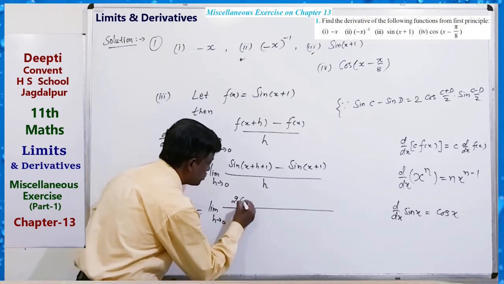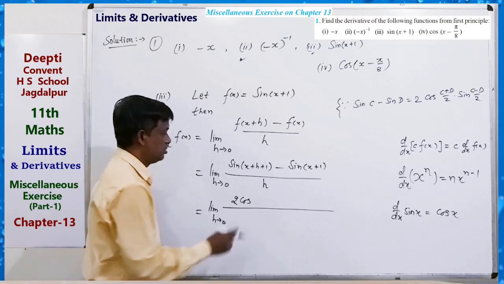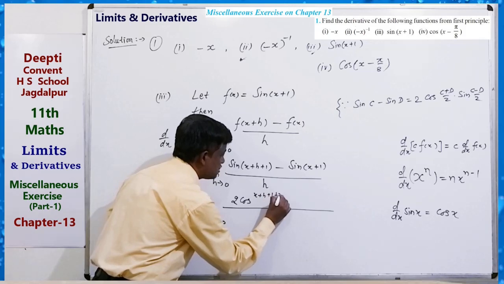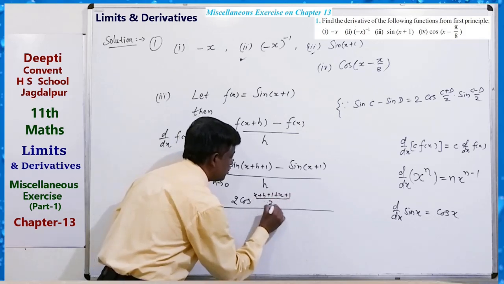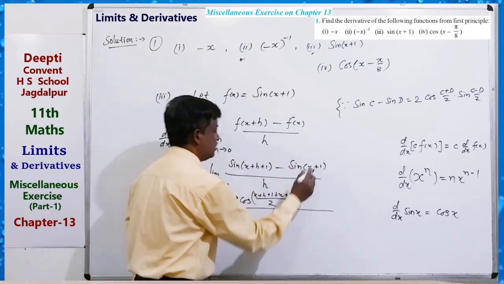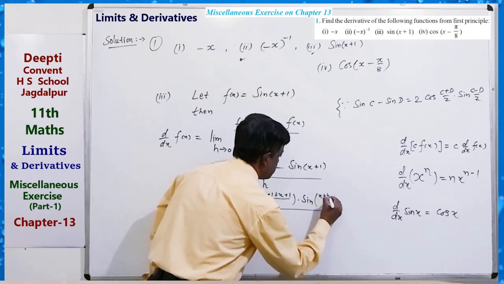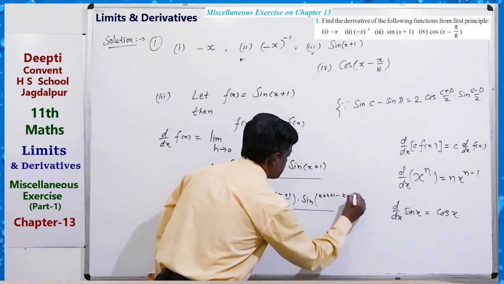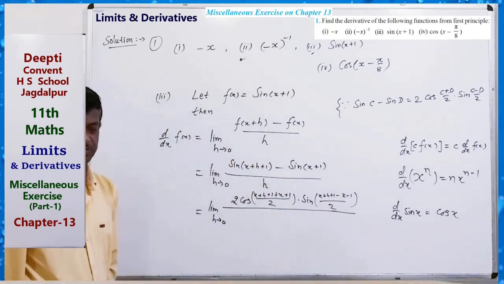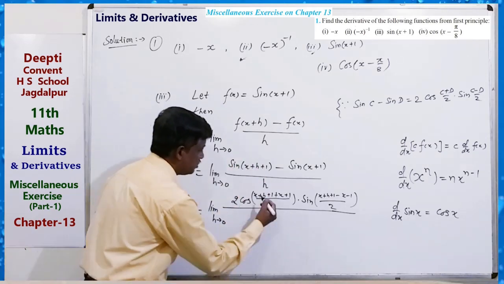So 2 cos((C + D)/2), that is this plus this by 2, that is (x + h + 1 + x + 1)/2, into sin((C - D)/2), that is sin((x + h + 1 - x - 1)/2). This is the expression over h.